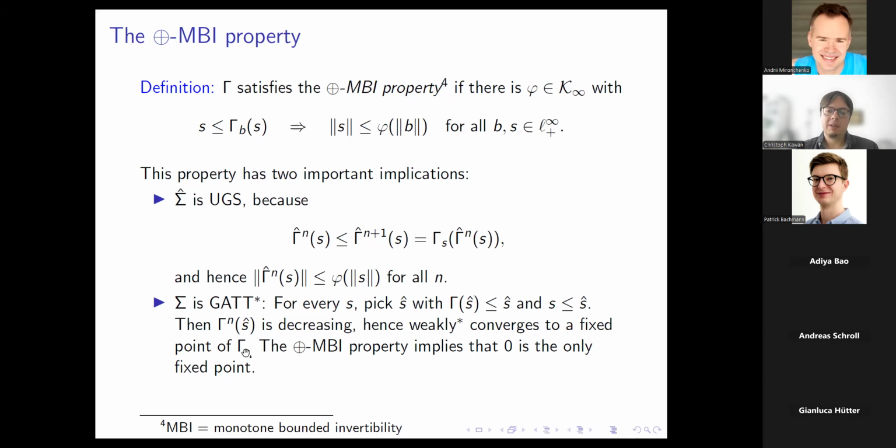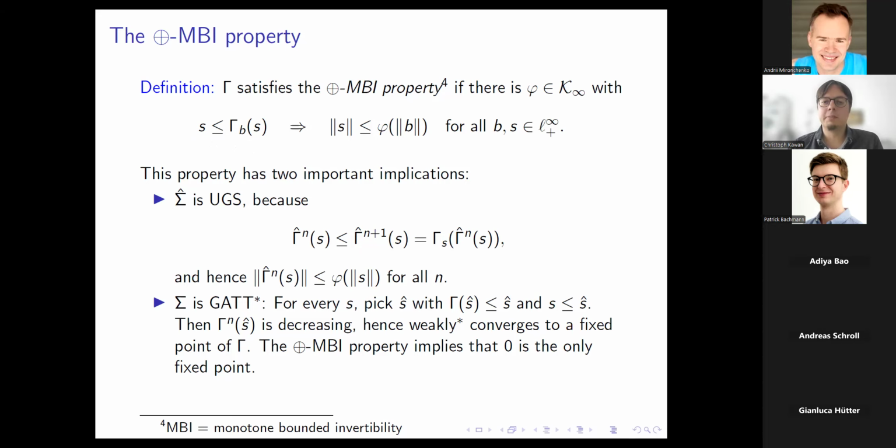But as you can easily see from this property, if you put the vector b equal to 0, then gamma b equals gamma. So if you have a fixed point of gamma, then you have, in particular, this inequality, but then this tells you that the norm of the fixed point is bounded by phi of 0, but that's 0 for a k-infinity function.